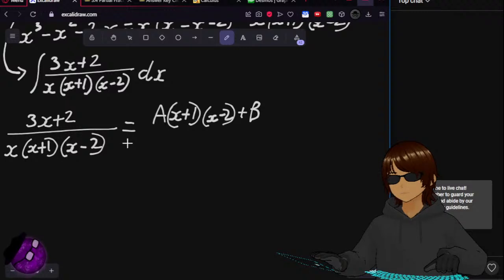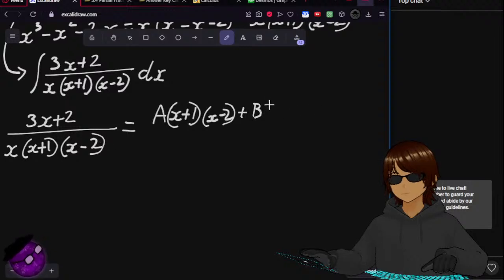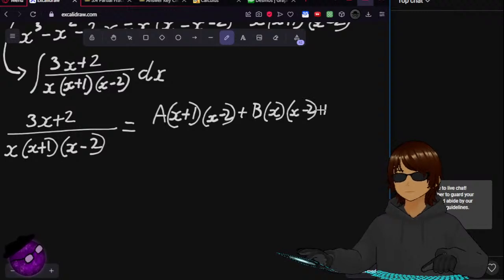B, x and x minus 2, plus it with C, x and x plus 1.